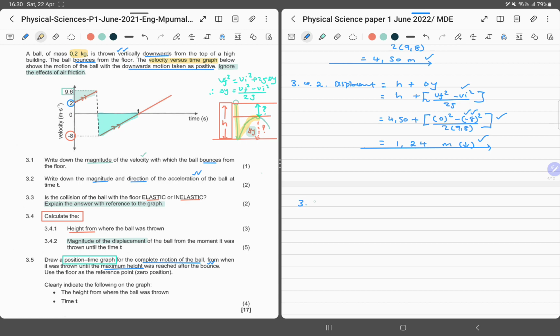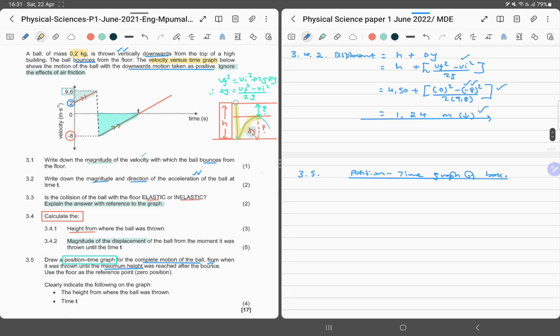That's easy. So 3.5. We will have our axes. Okay, let's first start. This is a position versus time graph of the ball. So whenever you do a graph, you do this. But sometimes they provide you with a graph paper to work with.